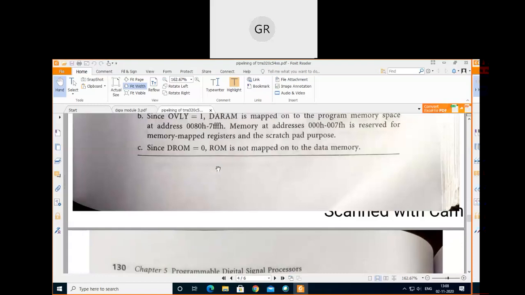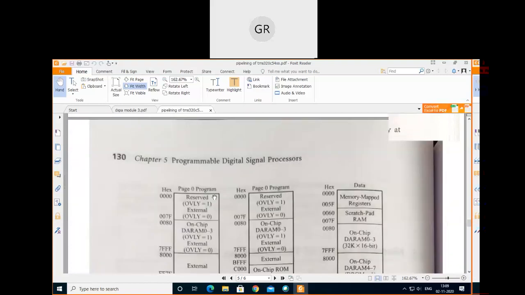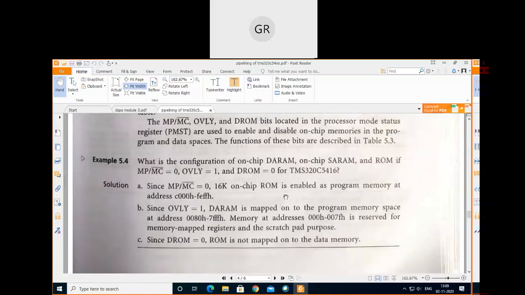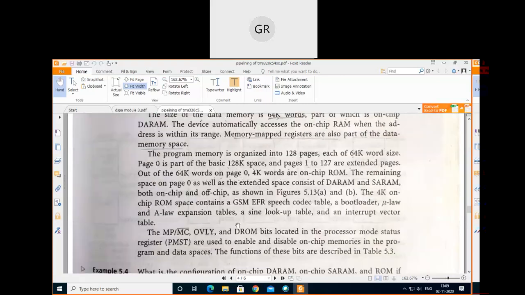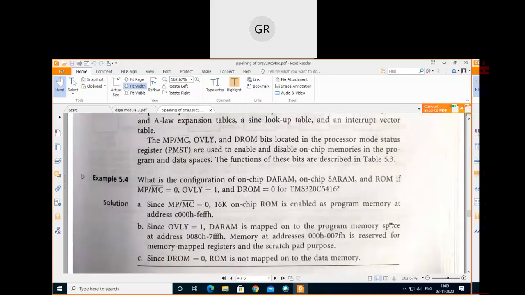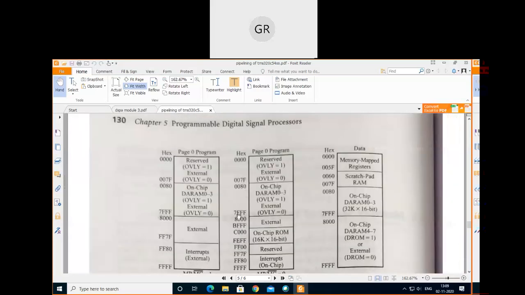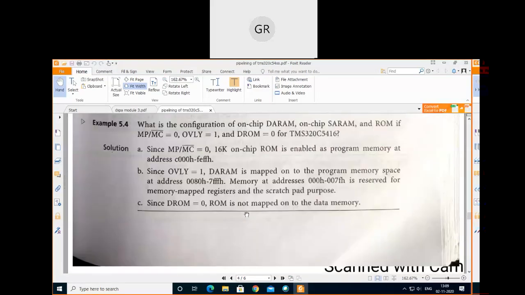Next, OVLY equal to 1. When OVLY equal to 1, on-chip DRAM is mapped onto the program memory space at address 0080H to 7FFFH. Memory at addresses 0000H to 007FH is reserved for memory map registers and scratchpad purpose.